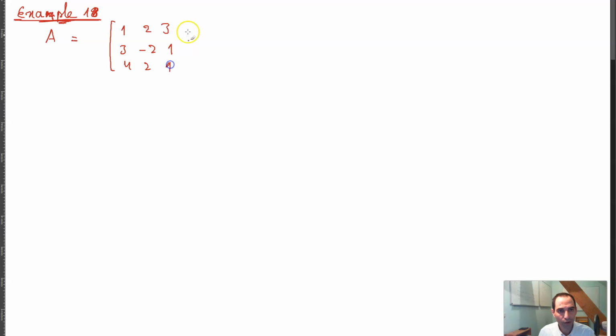Suppose that we have a square matrix A, with rows 1, 2, 3, then 3, negative 2, 1, then 4, 2, 1, and you want to show that A cubed minus 23A minus 40I is equal to O, right?